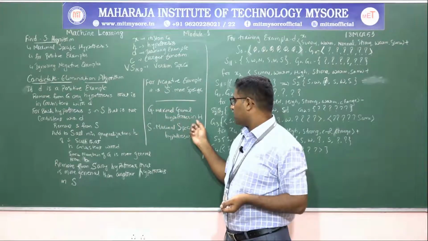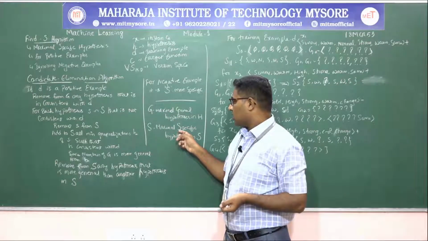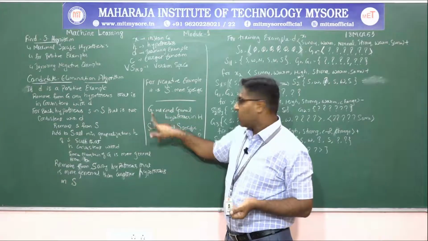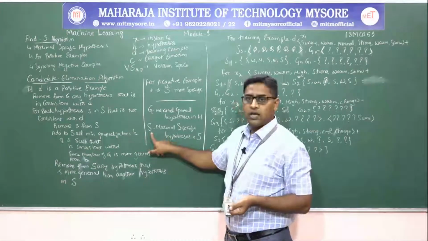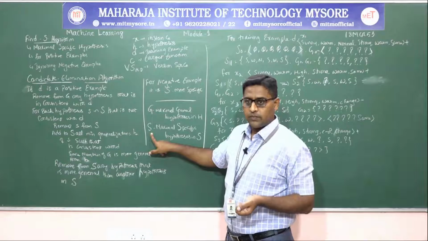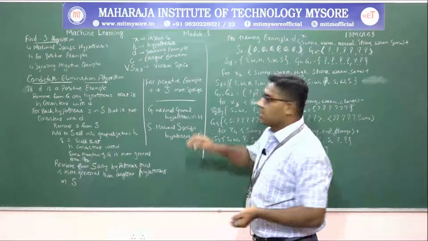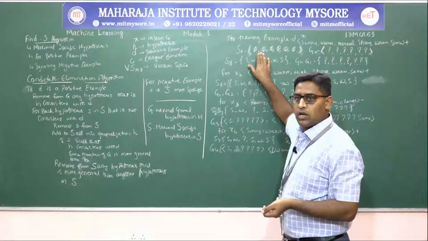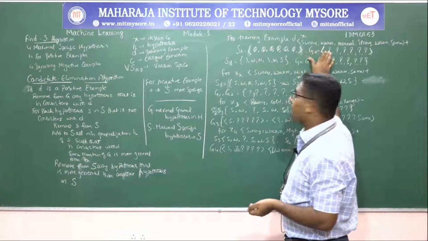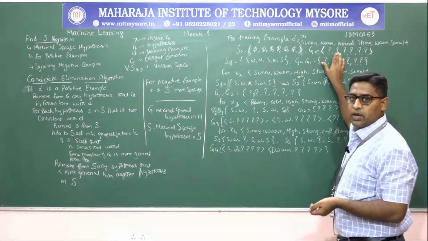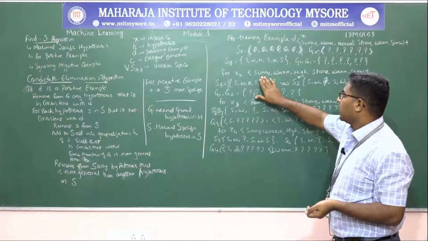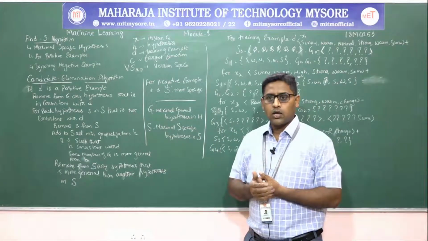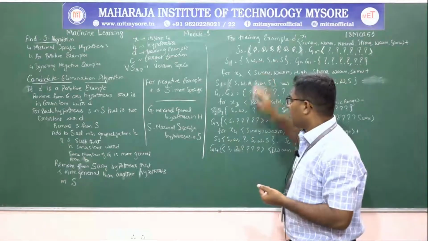That is the maximal general hypothesis in H and the maximal specific hypothesis in S. So the general hypothesis in H we denote as G, and the maximal specific hypothesis in S we denote as S. One more important thing: we denote the most specific hypothesis as no value or empty value, the general hypothesis using the question mark symbol, and for the specific value we define whether it will be allowed or not. What will be the specific value? The more specific it will be.